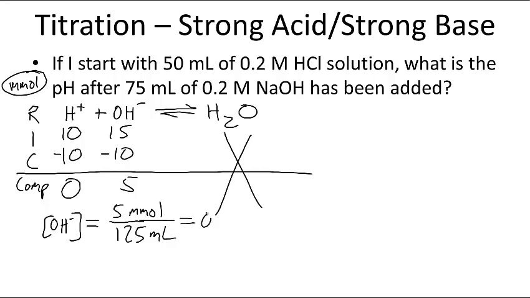So that's 0.04 moles per liter. Then pOH is going to equal the negative log of 0.04.